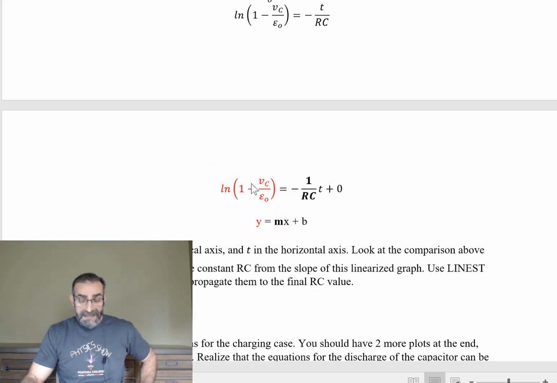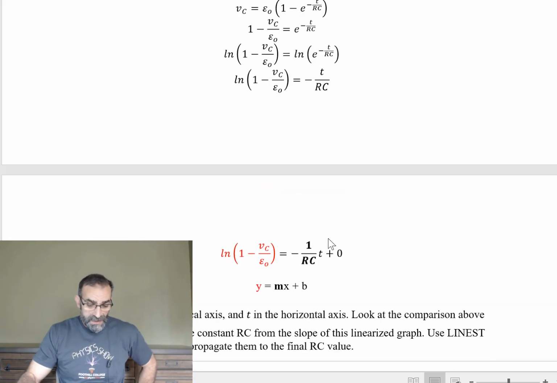If I plot that as one column in a spreadsheet program, and in the other column I have time, and I plot them against each other, I should get a straight line. And what should the slope be? Minus 1 over the time constant of my circuit, minus 1 over RC. So I can plot that and get the slope, and then figure out what my time constant is. It's negative 1 over the slope.